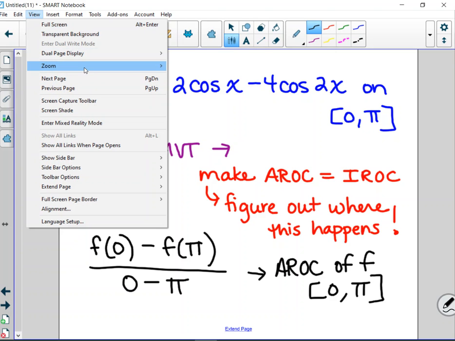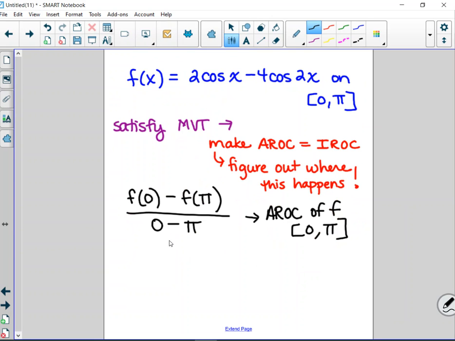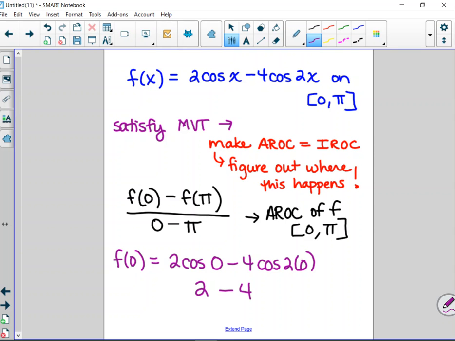This is actually not why we have the calculator, because this is doable without your calculator. So let's see, f of 0 would be 2 cosine 0 minus 4 cosine 2 times 0. So 2 minus 4, it's negative 2, because cosine of 0 is 1.